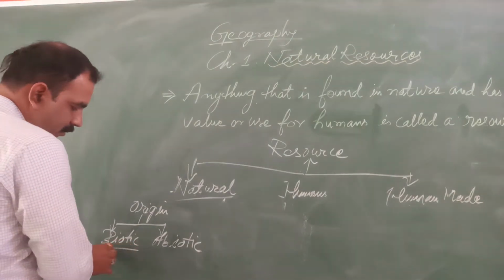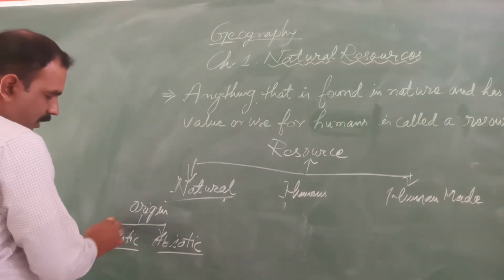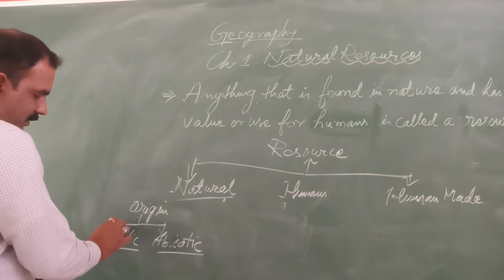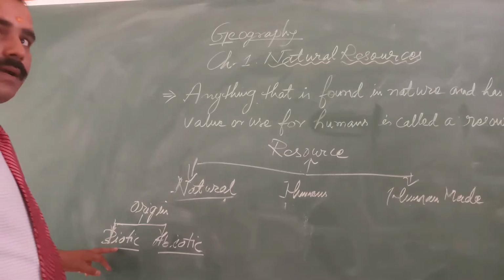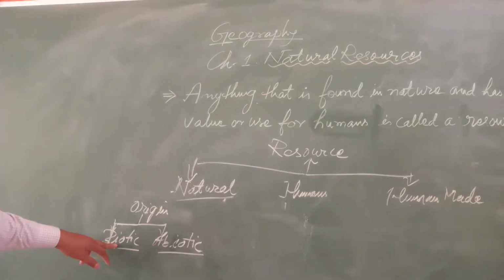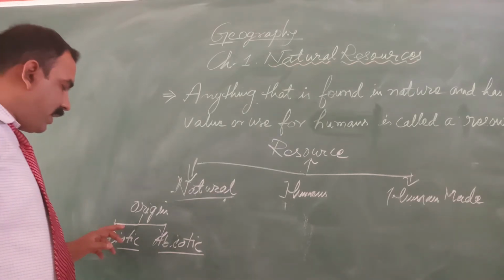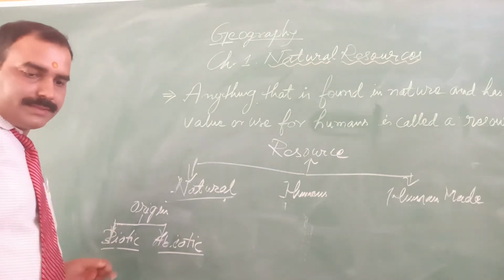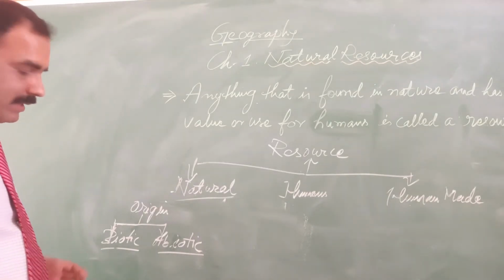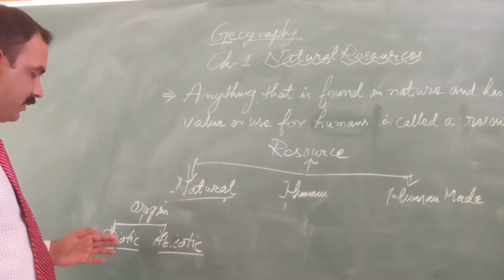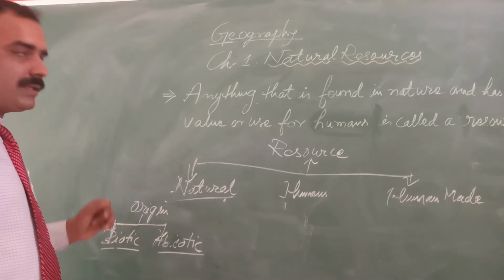Biotic resources are all the biological and living organisms. Examples are animals, plants and insects, which come under the biotic resources.